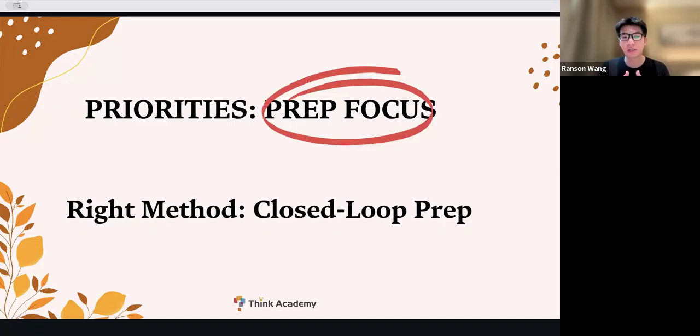The right method here is a closed-loop preparation. You can see what material you need to focus on, and then using this material, you can see whether you make any progress, and you use the stage quiz to test whether you've made any progress or not.